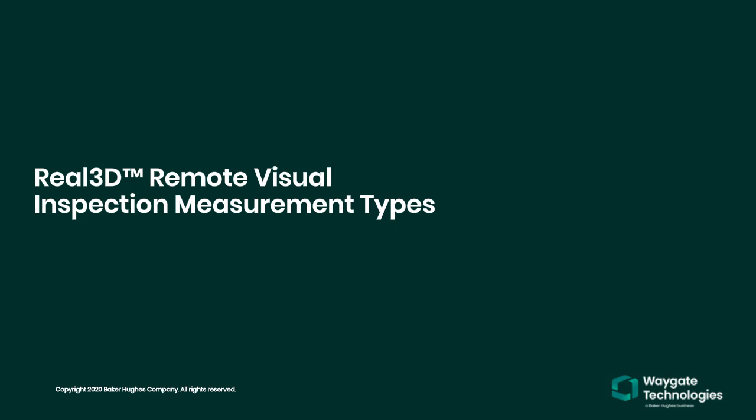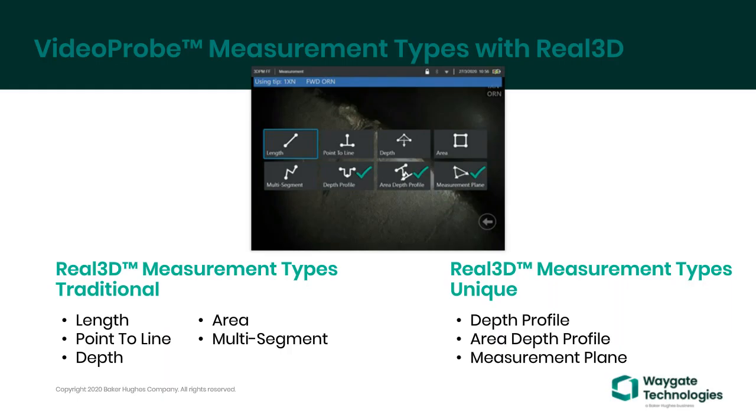As the creators of the world's first video borescope, we were also the first to bring measurement to industry on a video borescope. And a part of that development gave us the ability to measure the length of an object, or make a point-to-line measurement, or measure with depth measurement types where you can measure above or below a plane.